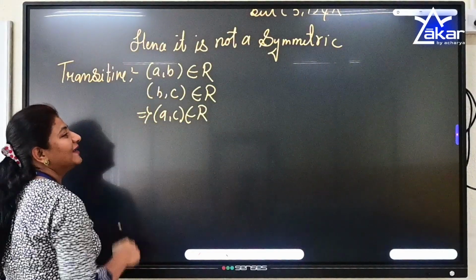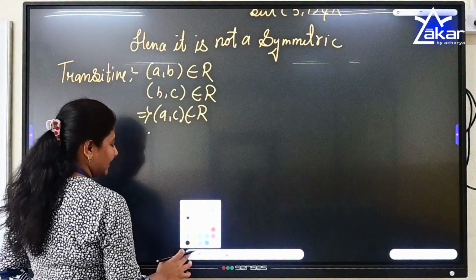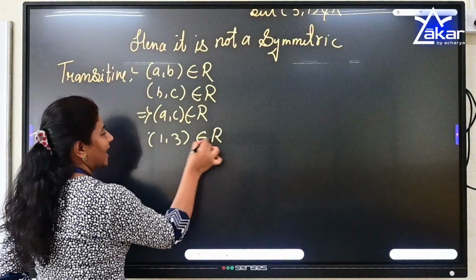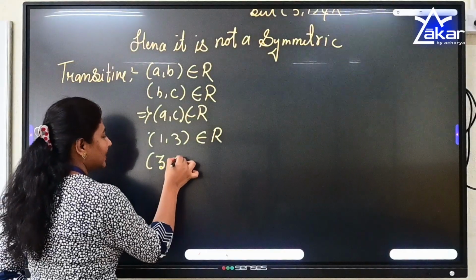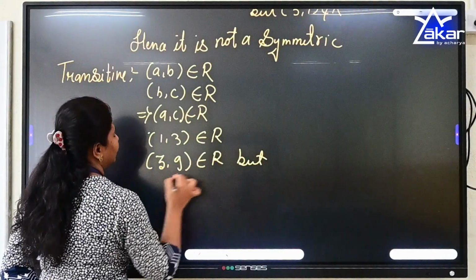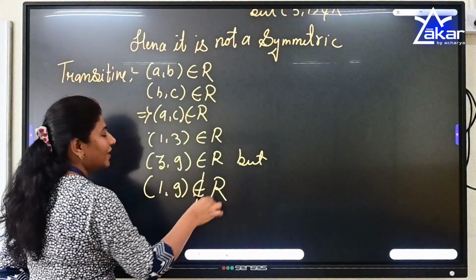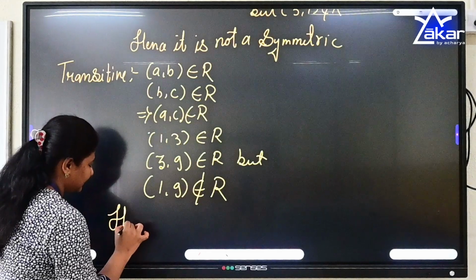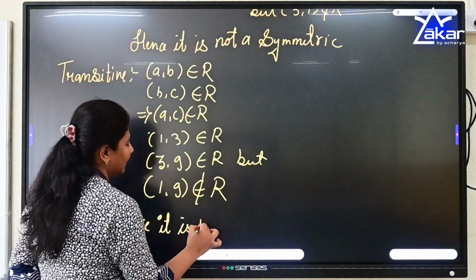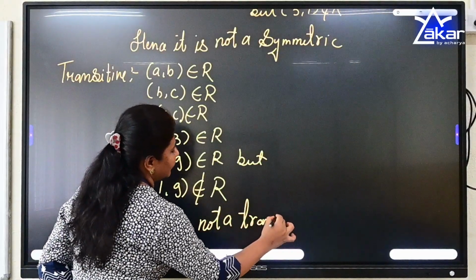So what are the two conditions I have taken? According to these two conditions, we know that 1 comma 3 is belonging to R. Next, 3 comma 9 is belonging to R, but 1 comma 9 does not belong to R. Hence it is not transitive.